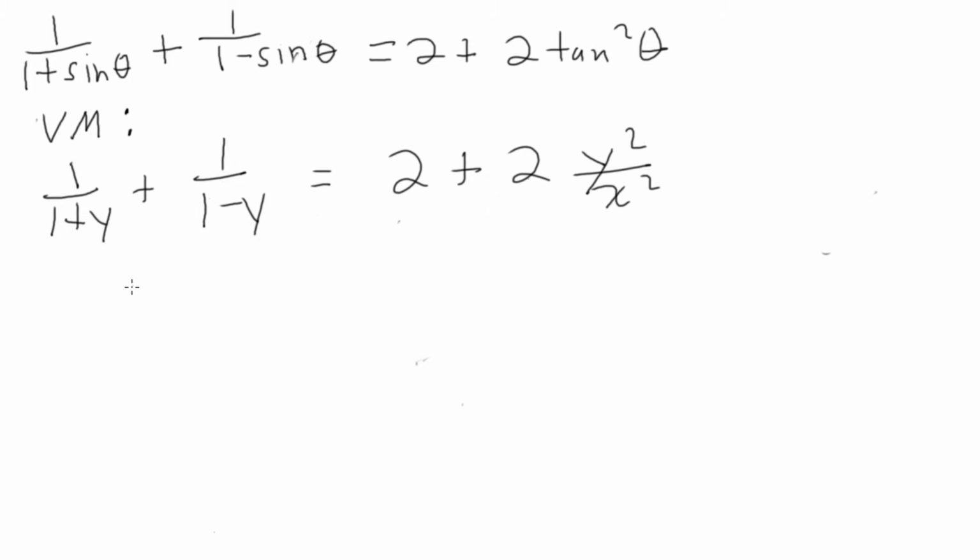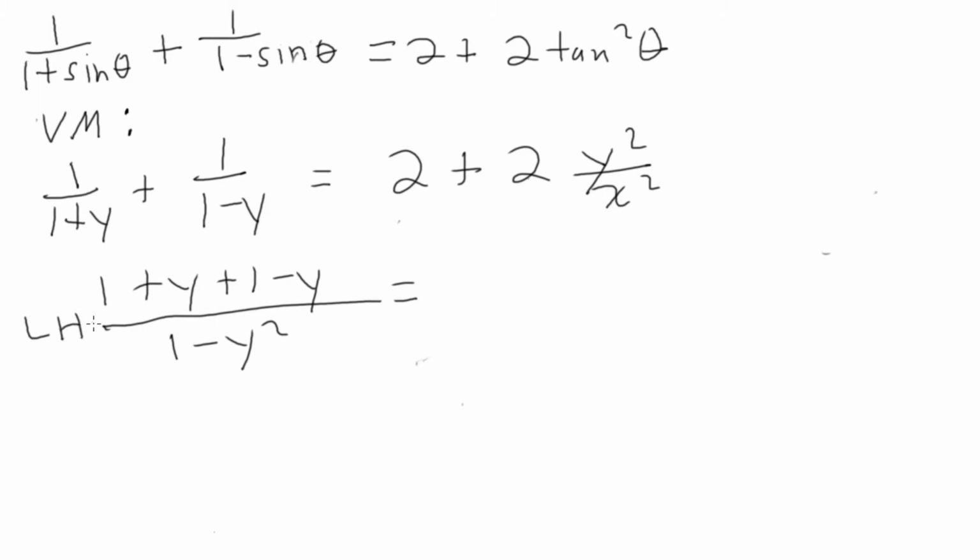We can cross multiply. We can do 1 plus y plus 1 minus y over, and again we have that a squared minus b squared, 1 minus y squared. And I better write down left-hand side here just to make sure you understand. And we have 2 again over 1 minus y squared, which you should know is x squared. So we go to the right now.